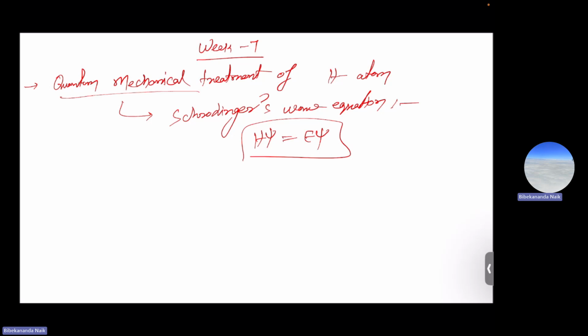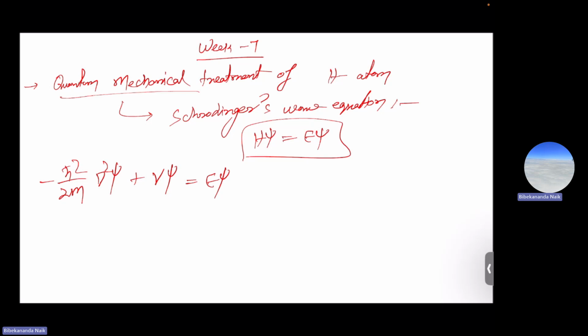So if you write it, it will be minus h cross square by 2m del square psi plus V psi equals E psi. But now the question arises, psi is a function of position coordinates. So for the time independent Schrodinger equation, it is a function of only position.